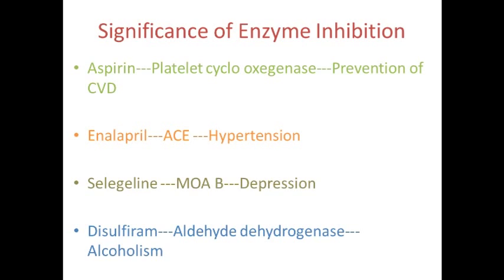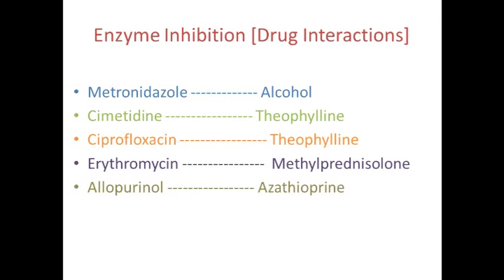Selegiline blocks the enzyme MAO-B, monoamine oxidase B, helpful in depression. Disulfiram blocks the enzyme aldehyde dehydrogenase and is helpful for alcoholism. These enzymes are also blocked in addition to the previous ones on drugs like omeprazole. We talked more of microsomal enzymes, but these are the non-microsomal enzymes that would be inhibited by drugs.